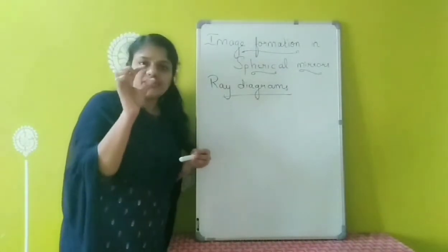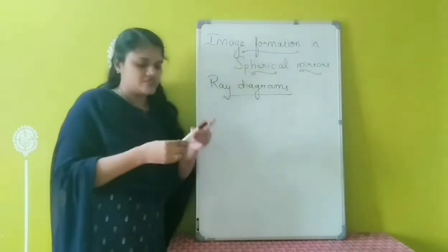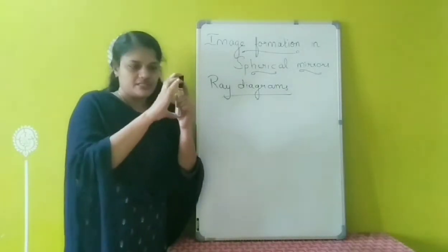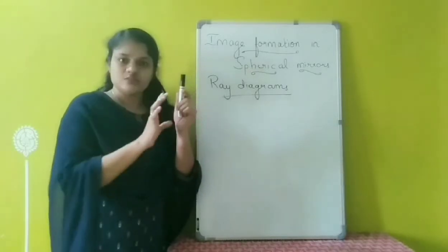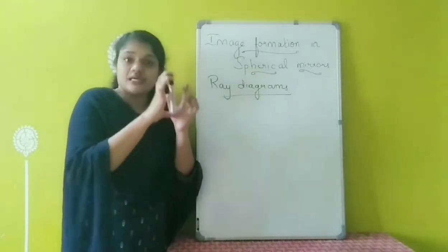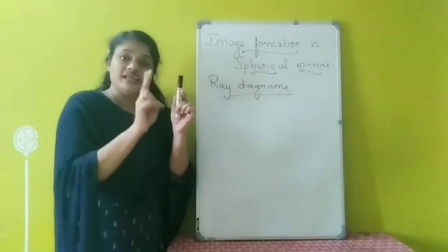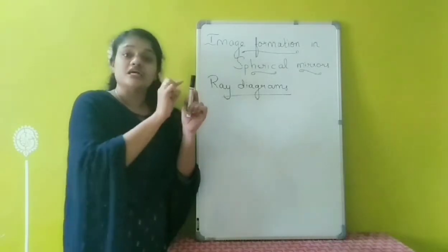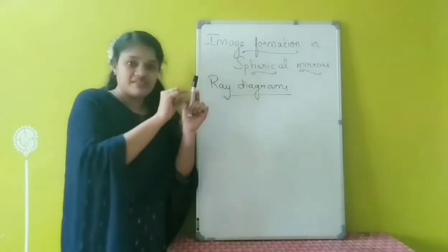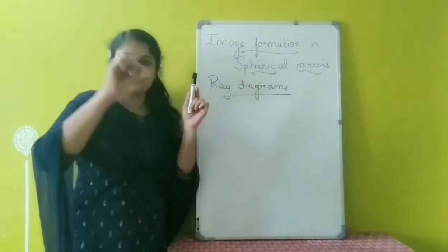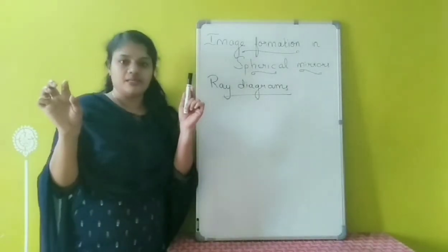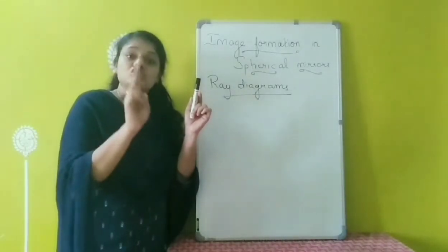If I need the image of this particular object, at least we need two light rays coming from the object. And where the reflected light rays from this object meet, there only we get the image. So at least we have to consider two light rays.